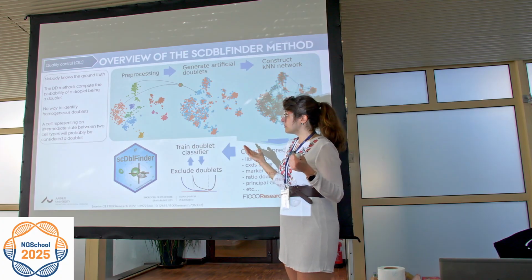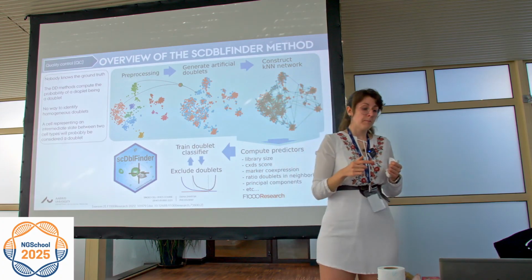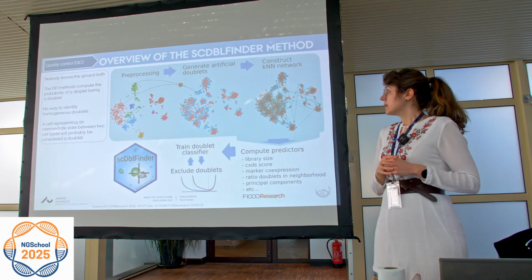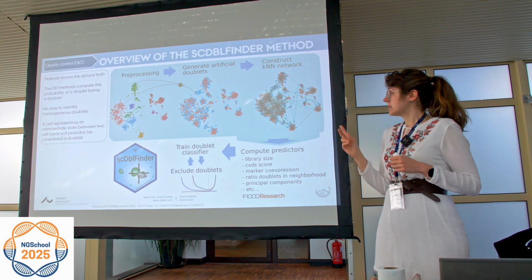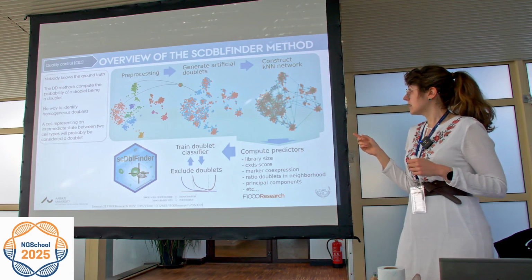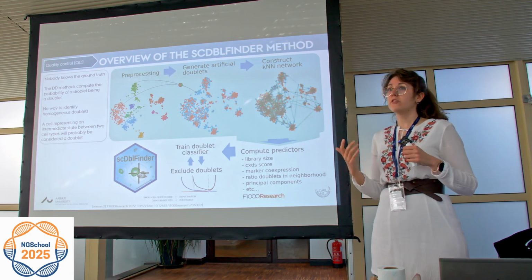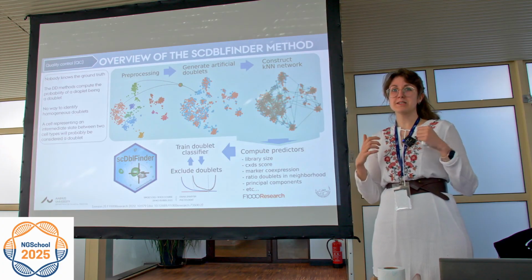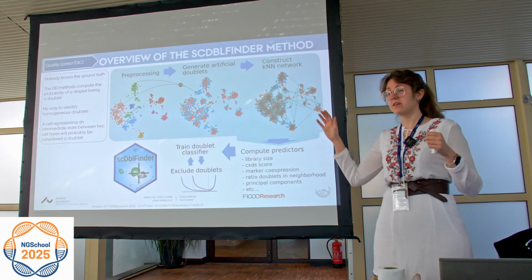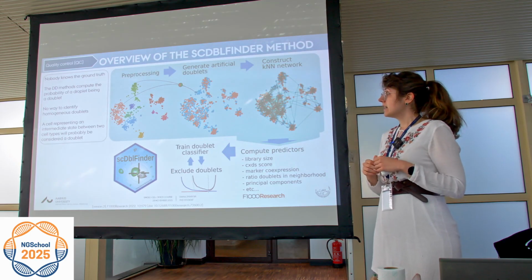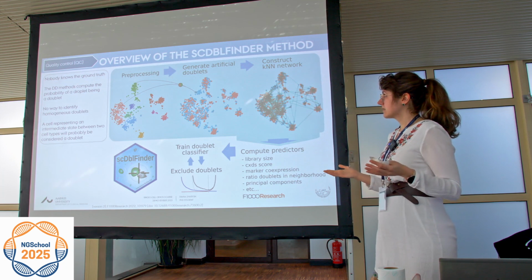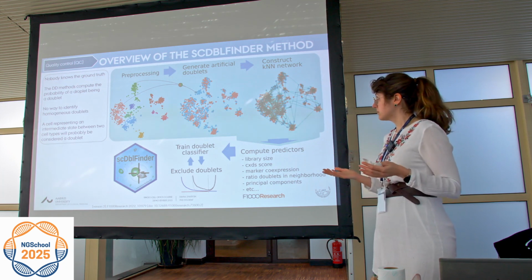For example, when you run doublet collection, and in our workshop we will run two different methods later, scDblFinder and DoubletFinder, less than 30% of identified doublets are the same. So almost 70% of doublets identified by individual methods do not overlap, which raises questions, of course, about the trustworthiness of these methods.